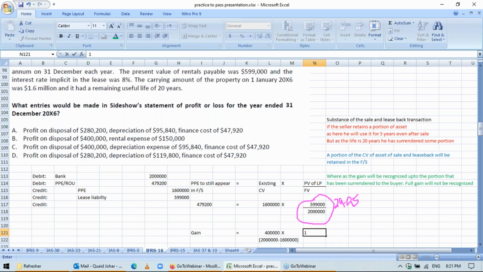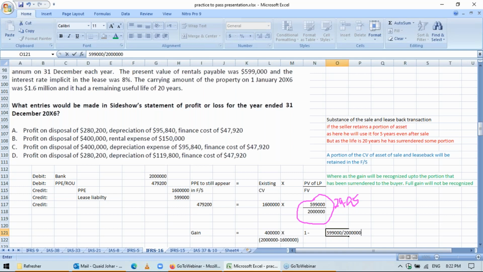Check what portion is retained. The retained portion is 599,000 divided by 2 million, so the portion sold is 1 minus that. I've deducted 29.95% from the 100%.